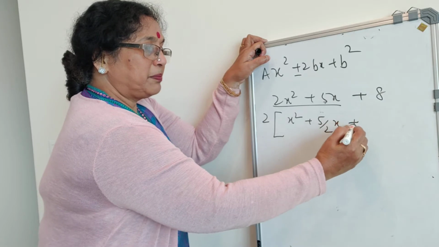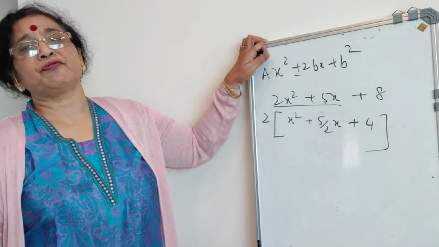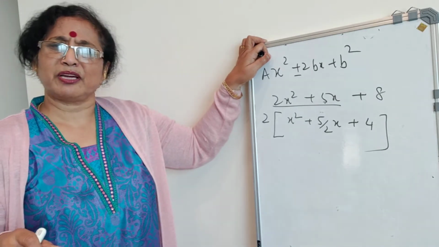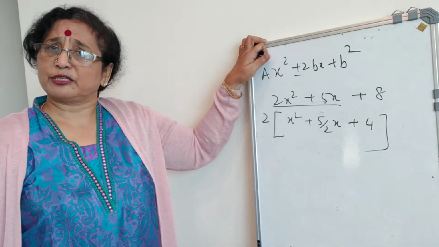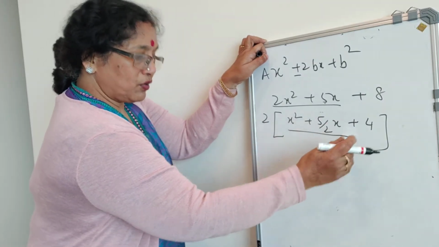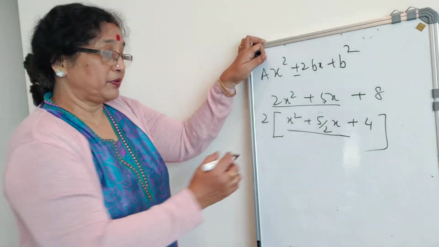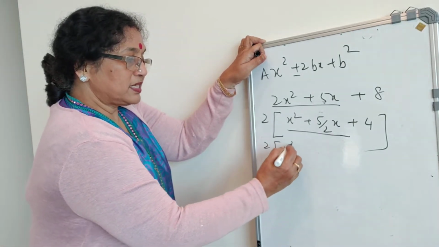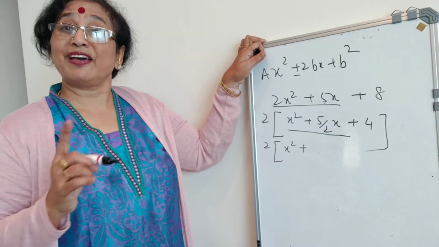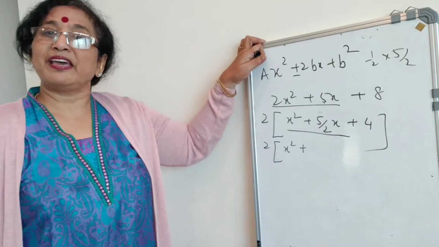x, and here it's a multiple of 2, so 2 4s are 8. If it's 9, you'll write 9 by 2. If it's minus 11, you'll write minus 11 by 2. Divide by 2, multiply by 2. That's what you're doing, right? And this one you take. So now you have taken this. Next, to make it a perfect square, what is half of 5 by 2? 5 by 4. Half of 5 by 2 is 5 by 4.